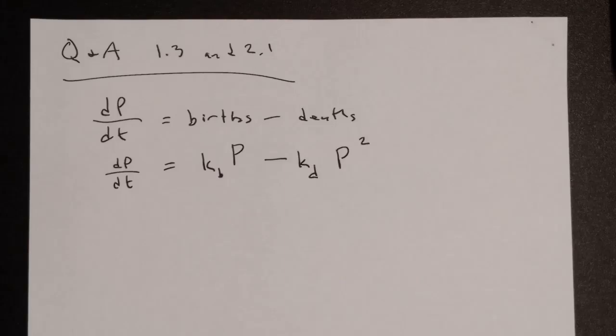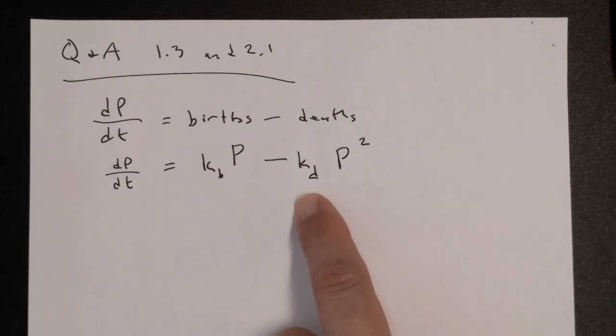That's all I got at this point, is that number times population to add in and number times the square of the population to pull out. Now, I hope that that k_D for deaths is much smaller. Because when I have a large population, P squared is a lot bigger than P. So I hope this is a much, much smaller constant so that my population doesn't die out very quickly.